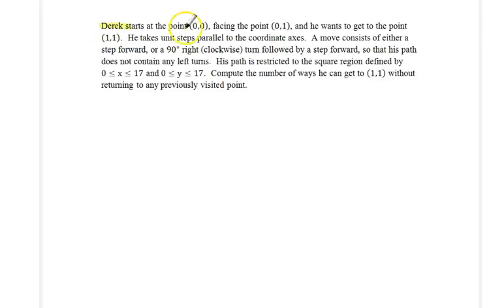Derek starts at the point (0, 0). So let's go ahead and create our diagram here. We start at the point, obviously (0, 0), this point, and we are facing the point (0, 1). So we are actually facing this point over here.